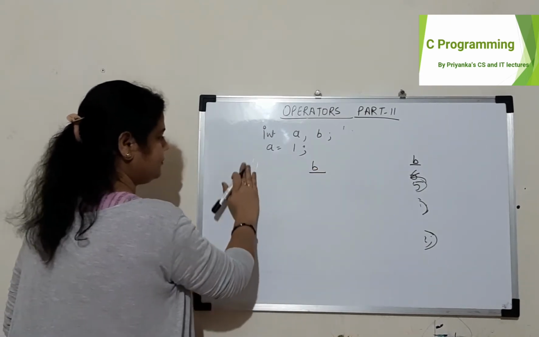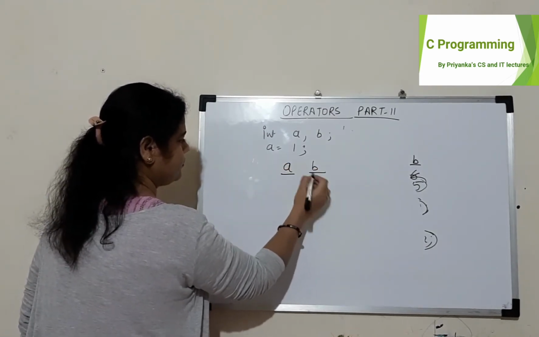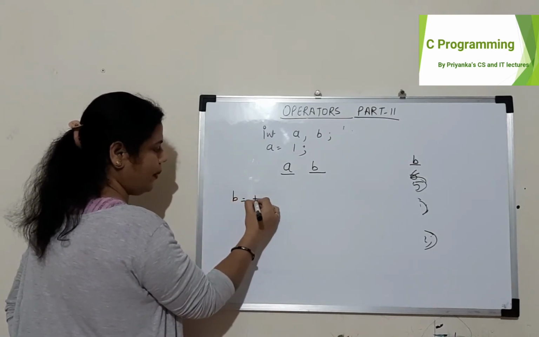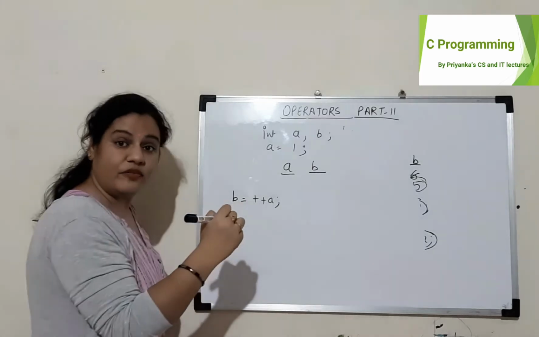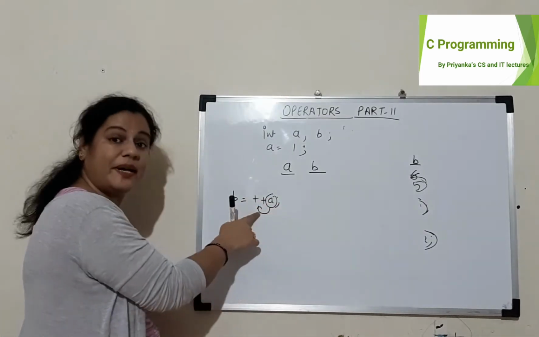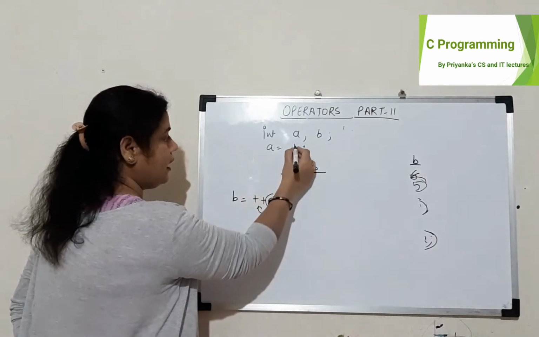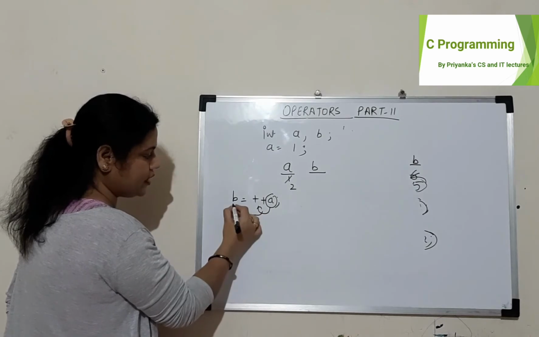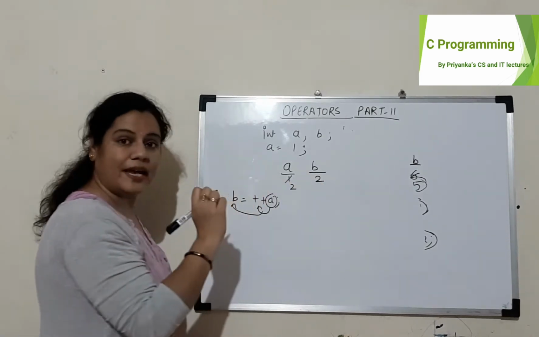If I say b = ++a, it will increase its value because it's a pre-increment. The latest value is 1, then it will become 2. Then it will assign the value into b like this.